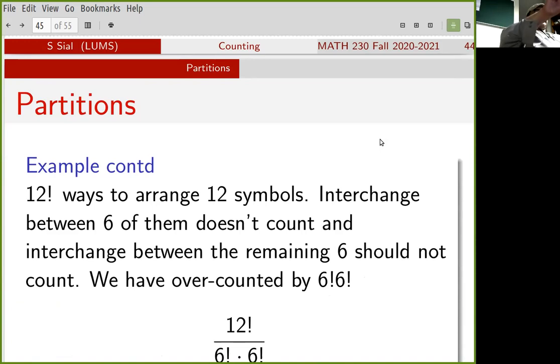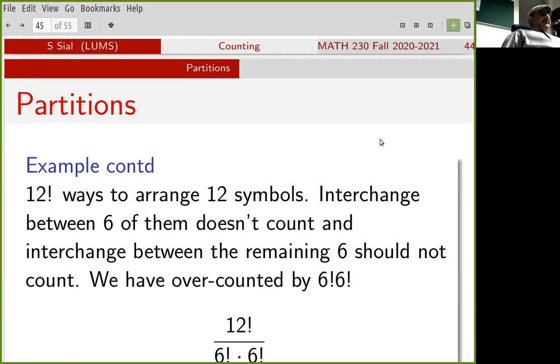So I can imagine that I lay my shirts out, and then I put a line here so that I divide them up into 2 groups. If I didn't put the line and I laid out 12 shirts on my bed in a line, there are 12 factorial ways of arranging these 12 different shirts from left to right.